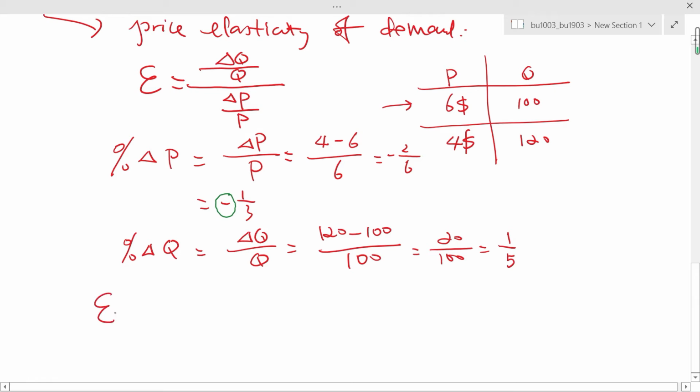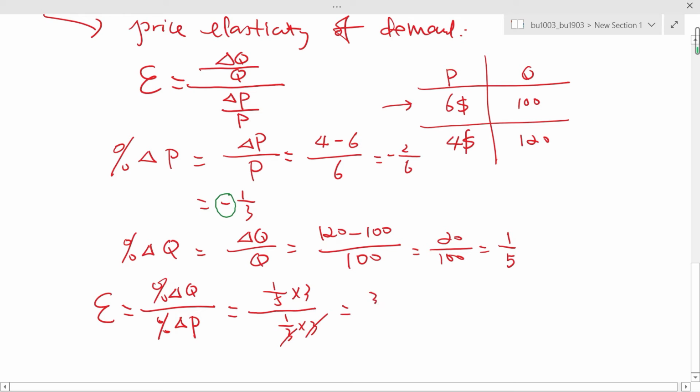Then price elasticity is percentage change of quantity over percentage change of price. Percentage change of quantity is 1 over 5. Percentage change of price is 1 over 3. Multiply both top and bottom by 3, so the 3 cancels out here.